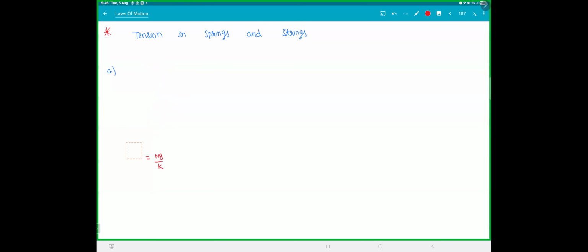Meaning, if I have to show the picture more clear, let me do this. This will be your natural length. Matlab, if there is no block here, the spring would have been here.